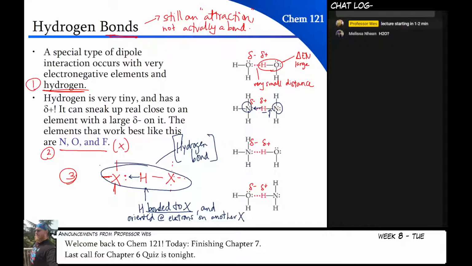Chlorine, for example, has a very high electronegativity, 3.0, the same as nitrogen. But chlorine won't form hydrogen bonding because it's too big. You don't get a good enough interaction. We need something smaller.